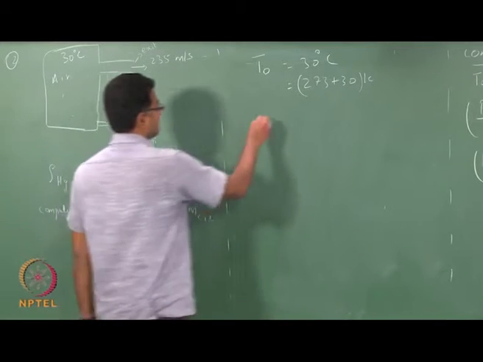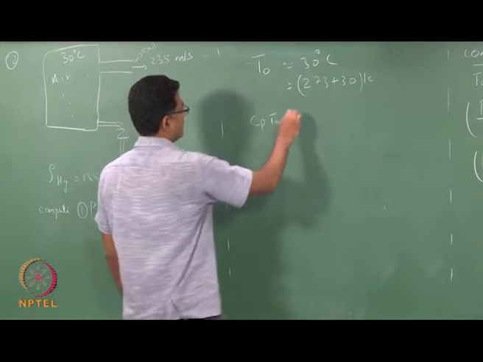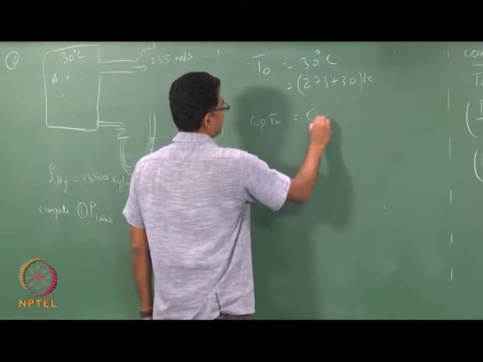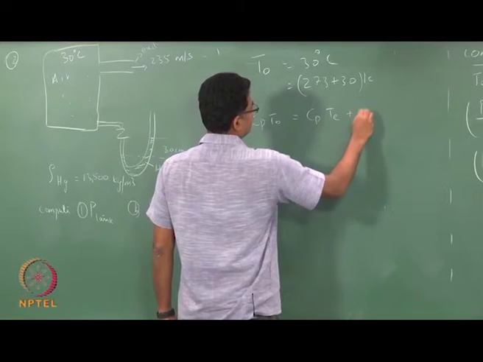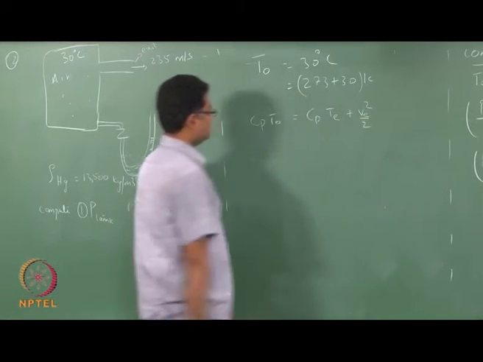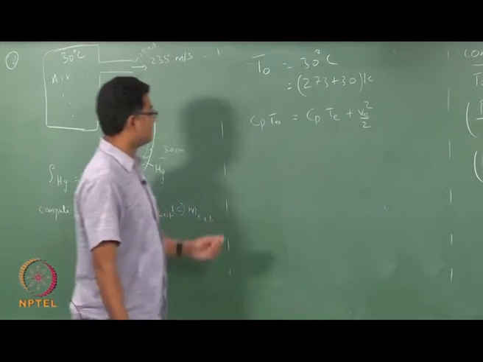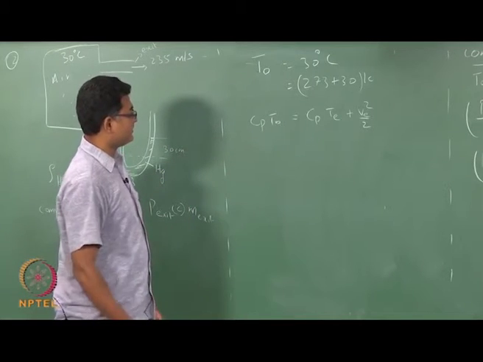If that is the case, apply my energy equation to get the temperature at the exit, given the velocity at the exit. Velocity at the exit is given, stagnation temperature is given.